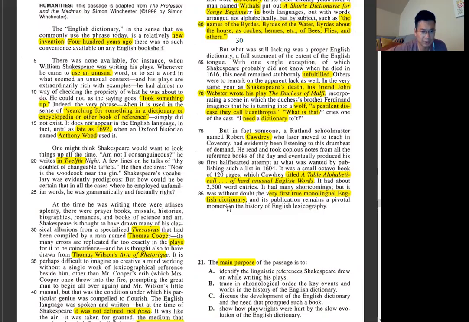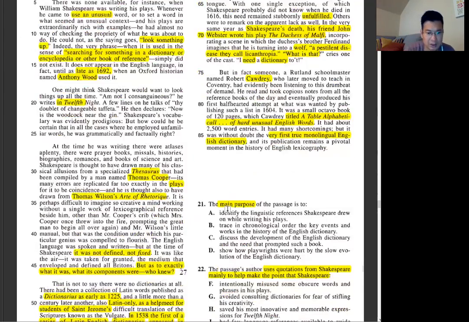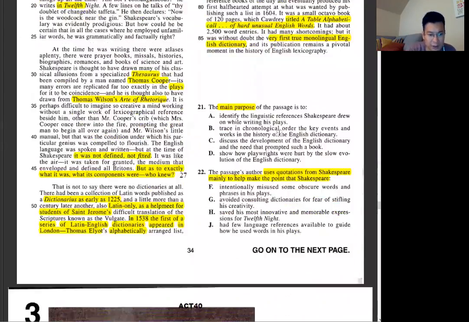Publication remains a vital moment in the history of English lexicography.